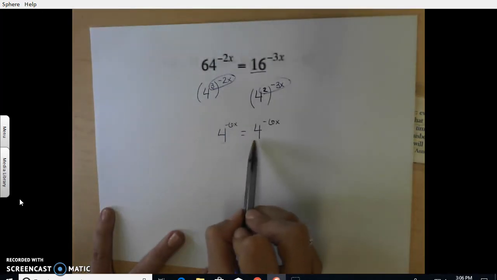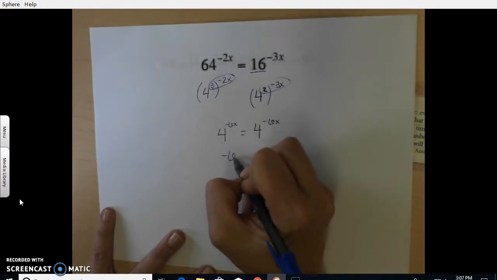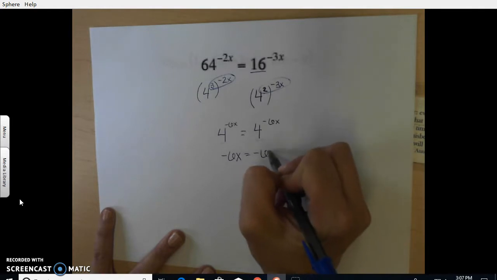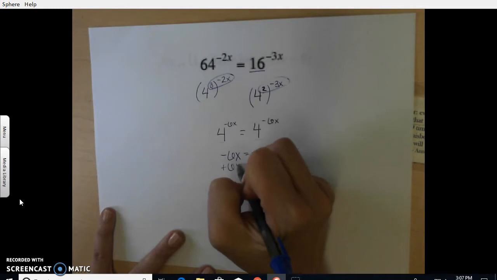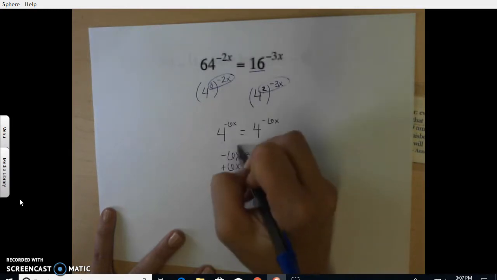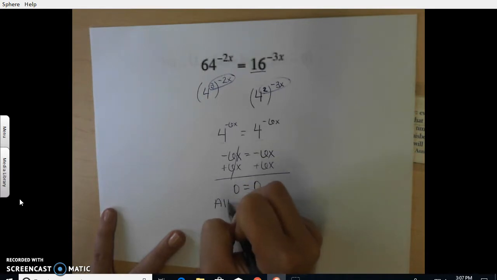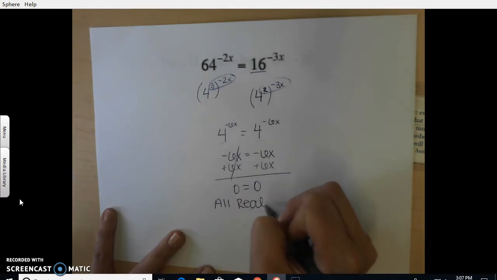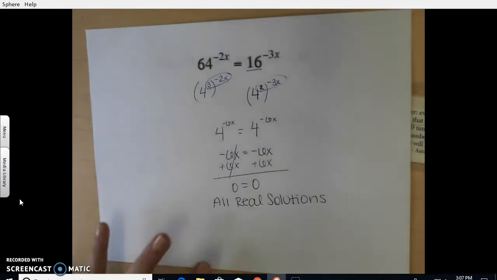Now, since I have the same base of 4, I can set my exponents equal to each other, giving me negative 6x is equal to negative 6x. If I solve for x, I get 0 equals 0, which means I would have all real solutions as my answer.